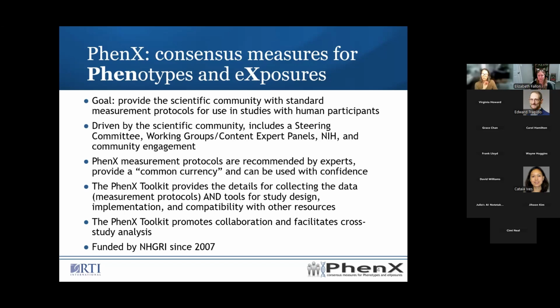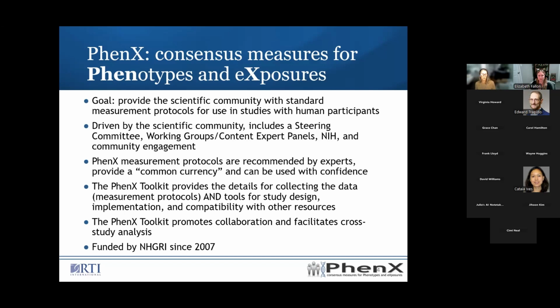The first is working groups. They're assembled to add new protocols to the toolkit. Working groups are typically 6 to 8 people in that particular field, and they come from government and academia. We really seek diversity of experience and background in selecting working group members.